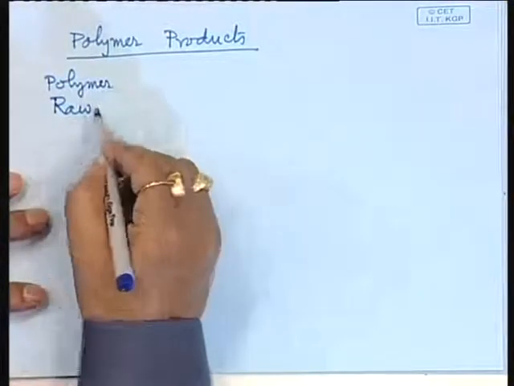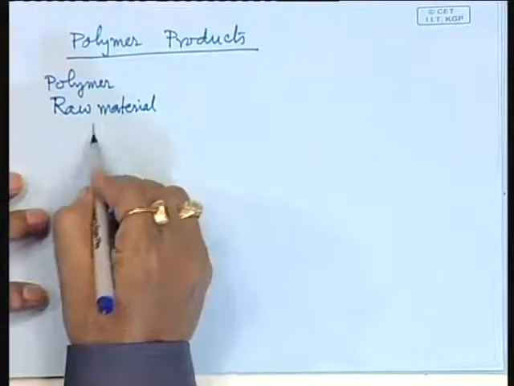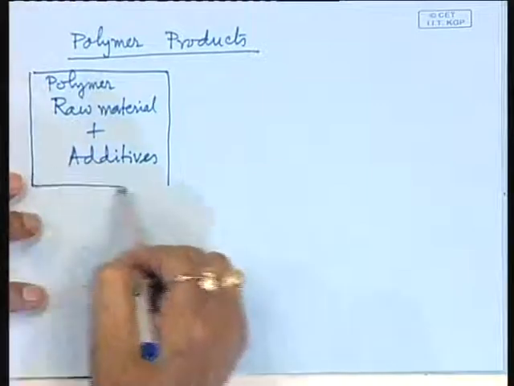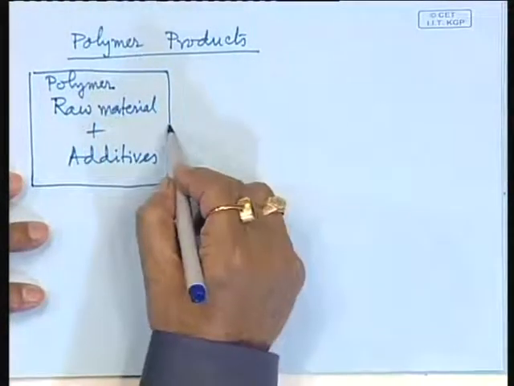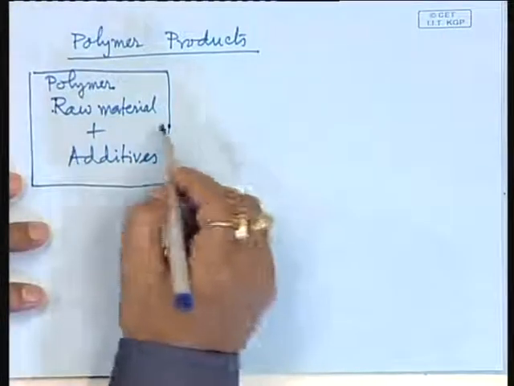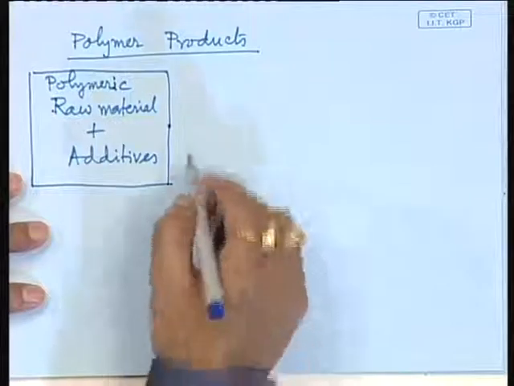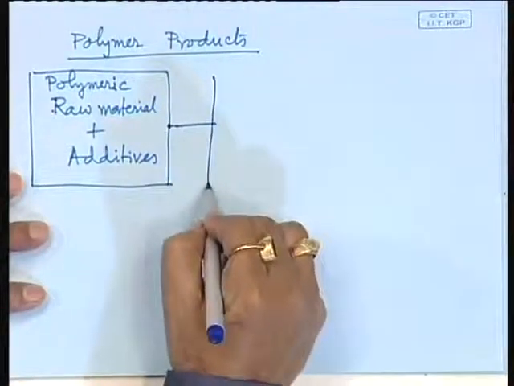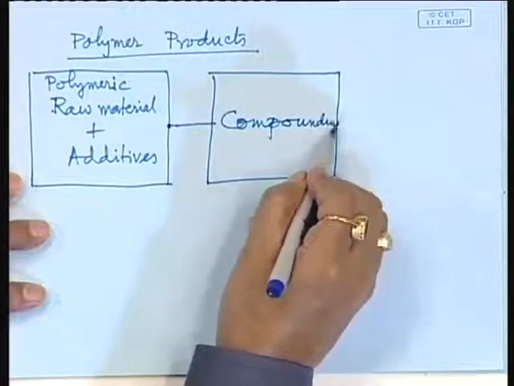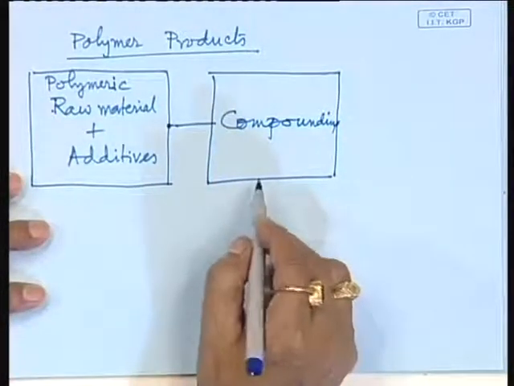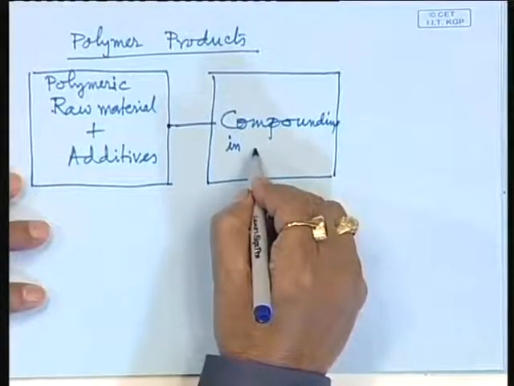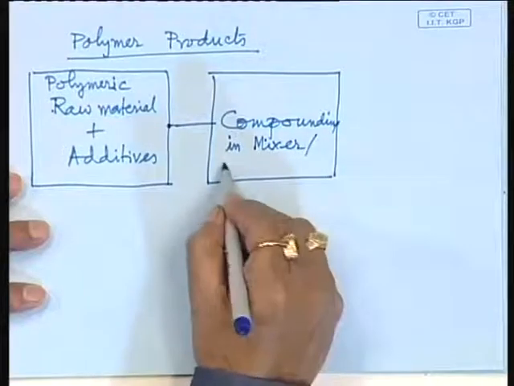polymer raw materials plus additives, rather you write polymeric raw material plus additives, then we go through compounding in a mixer or blender.